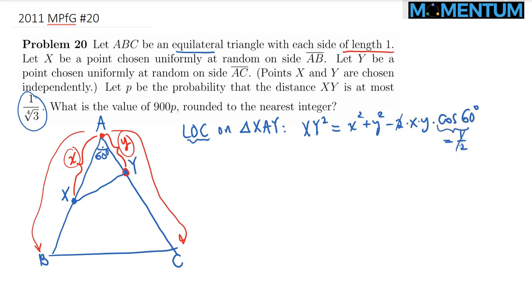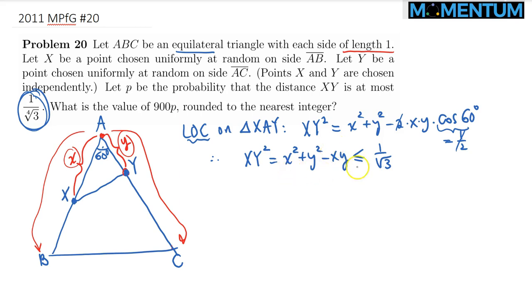Therefore we have a formula for XY²: the distance squared is equal to x² + y² − xy, and we want to ensure that this distance does not exceed the given number. Squaring it gives 1/3. Awesome.